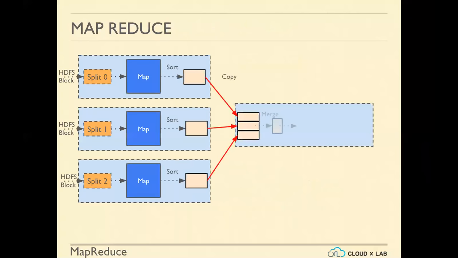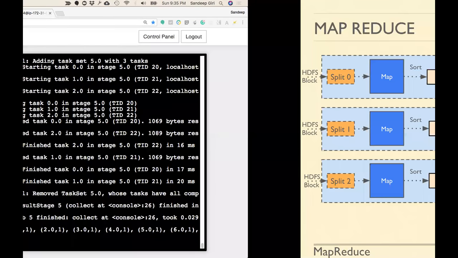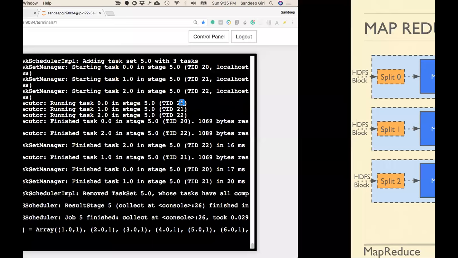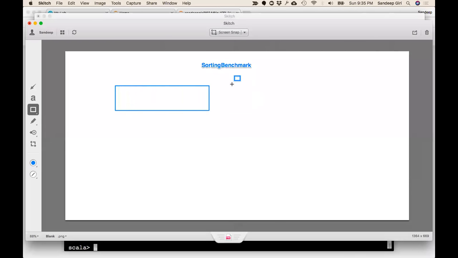So here I have tried to describe what happens. The same thing I can actually describe to you. Imagine that we have three partitions, 1, 2, and 3. And we ask Spark, hey, can you sort my data?